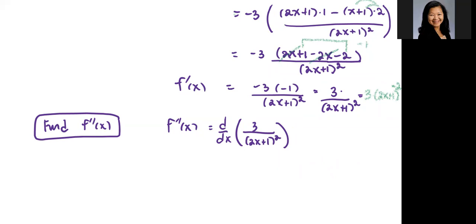Because I avoid using the quotient rule, but I'm going to use the general power rule with the constant multiple. This constant multiple, and for this one I'm going to use the chain rule, or it's called the general power rule.